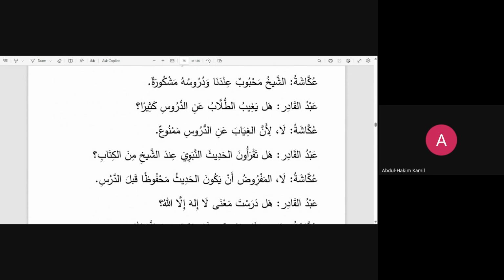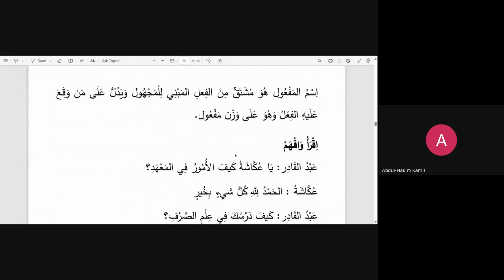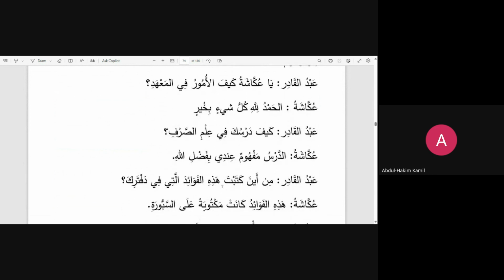So it says al-mafrud wa mahfuz. In that sentence, there is none. Like we go back to the beginning of the story. Ya Ukasha, kayfa al-amr fil-ma'had? There's nothing there. Alhamdulillah, kullu shay'in bikhayr. There's nothing there. Kayfa darsuka fin-nisab? There's nothing there also. It doesn't necessitate that every sentence is going to have it. That's not the point. It has to be in the context of the story. It's not going to be in every sentence.